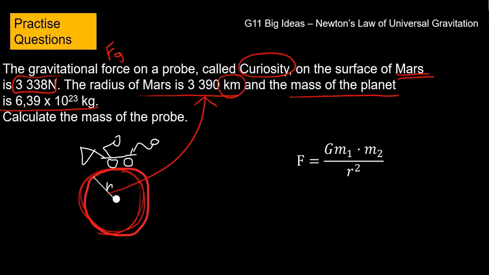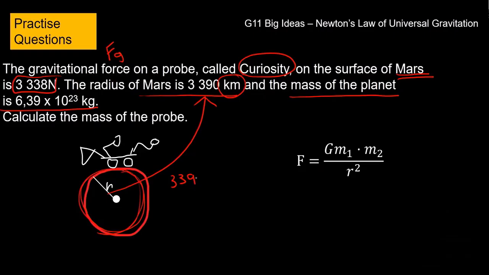That has to be changed into meters because that is the SI unit for distance or radius in this particular situation. So 3,390 kilometers is going to be the same as 3,390 times 10 to the 3 meters. What do I do? I'm multiplying by 1,000.